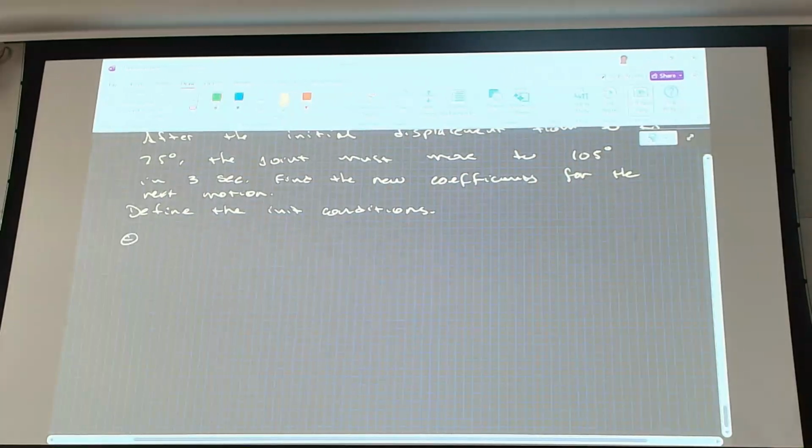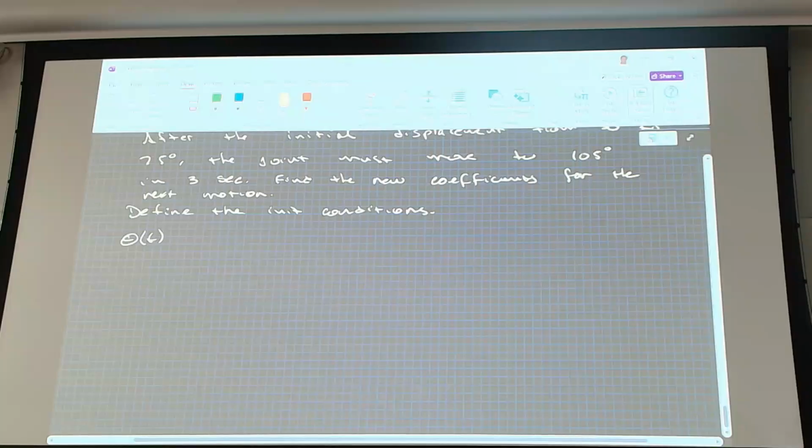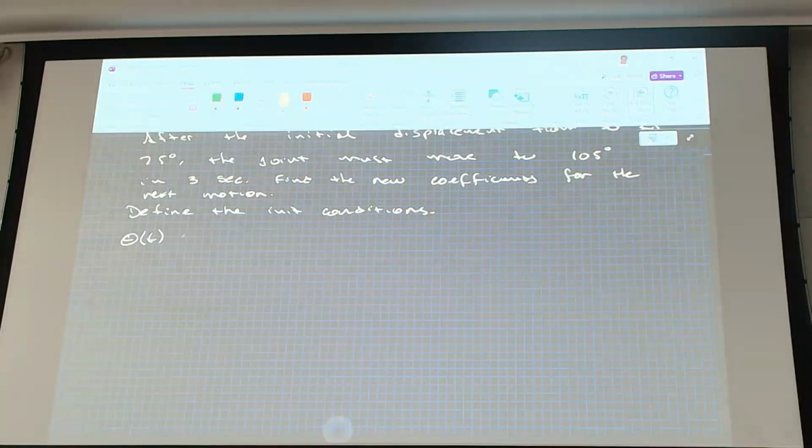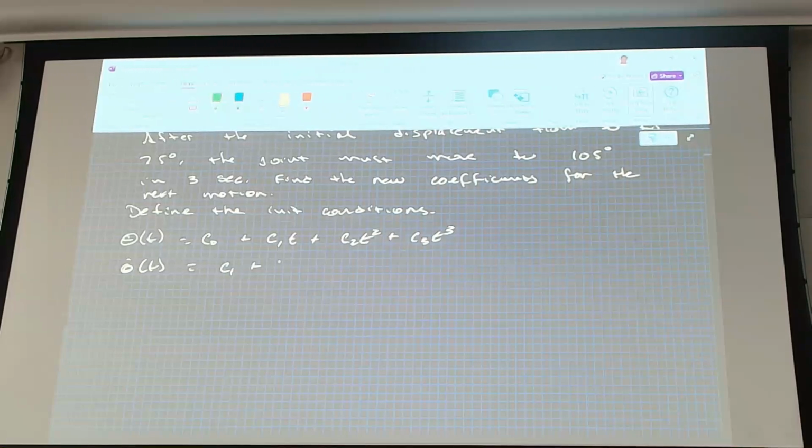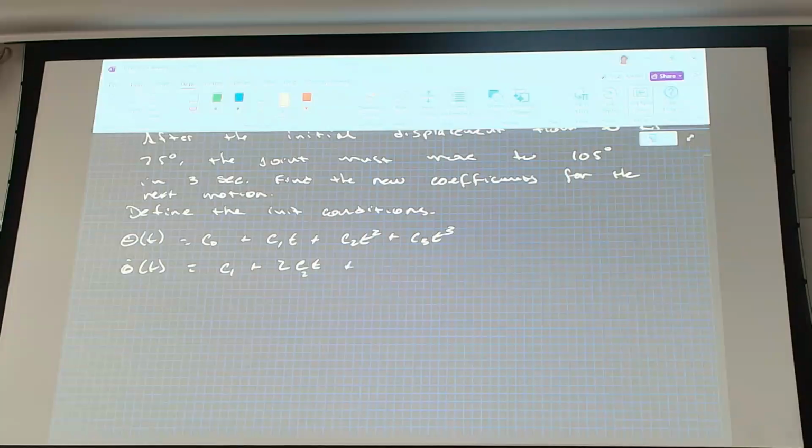So again, theta of t, we really don't need to write, we already know what this is. It's going to be c0 plus c1 t plus c2 t squared plus c3 t cubed. And just like we had before, theta dot is going to be equal to c1 plus 2c2 t plus 3c3 t squared.